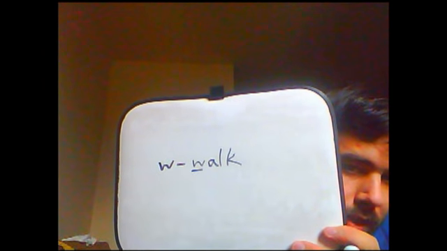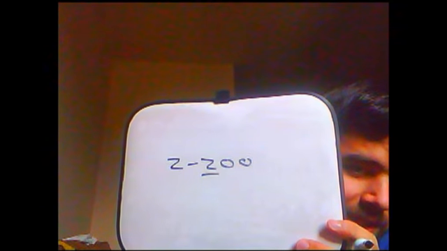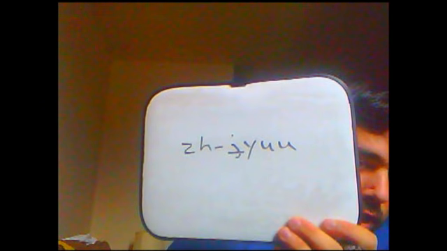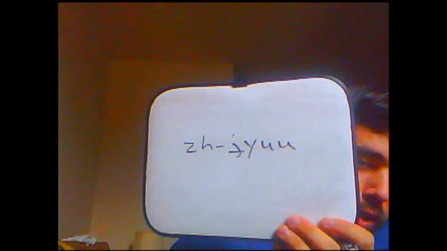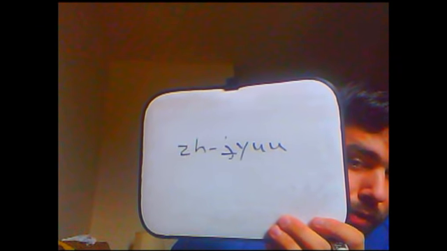Sh, as in ship. T, as in town. W, as in walk. Y, as in young. Z, as in zoo. And ZH, which makes a sound similar to the J in the Japanese word jiu.